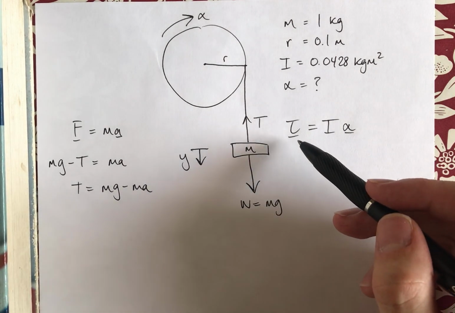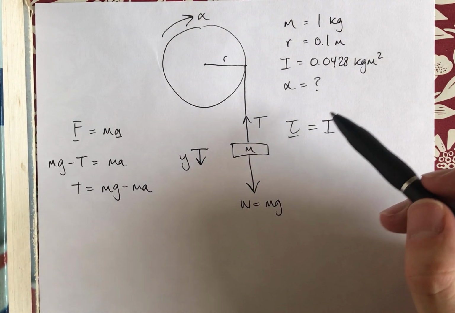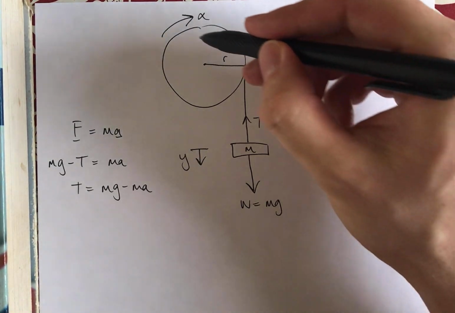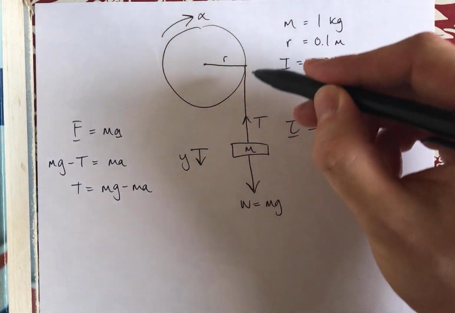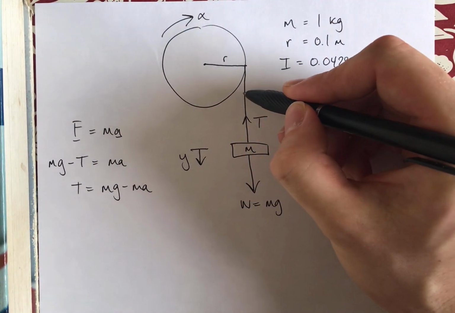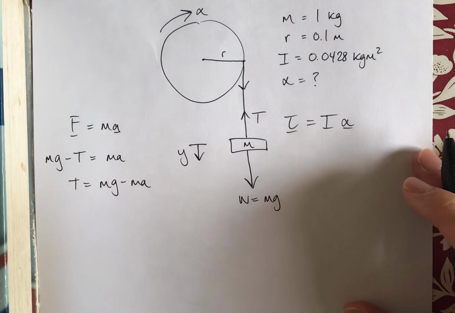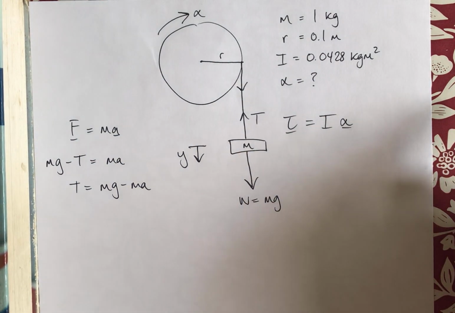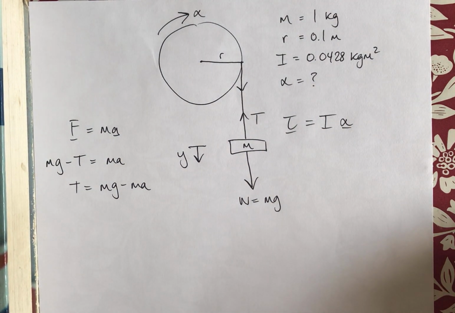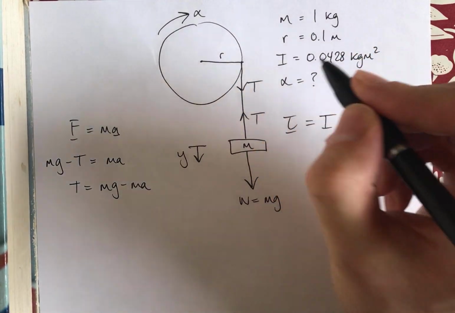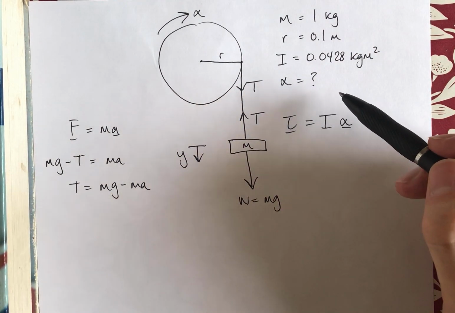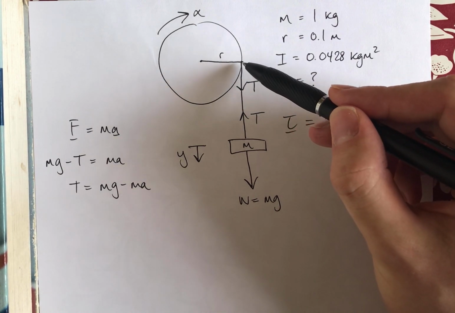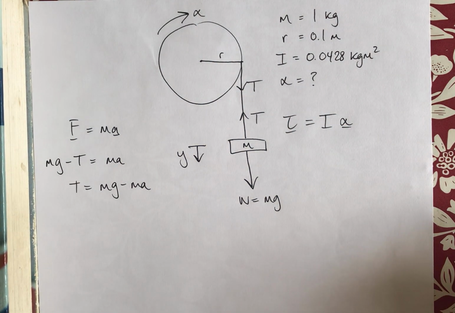The torque is going to be given by the tension, which is causing it to be pulled in a clockwise rotation, acting downwards, at a distance of r from the axis of rotation. So we have this force T acting perpendicularly to the axis of rotation at a distance r.